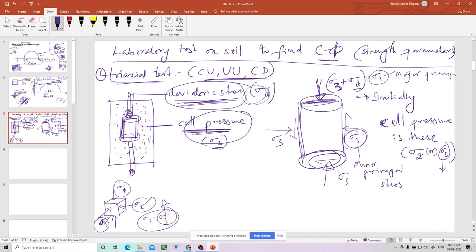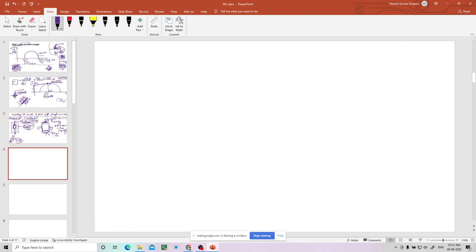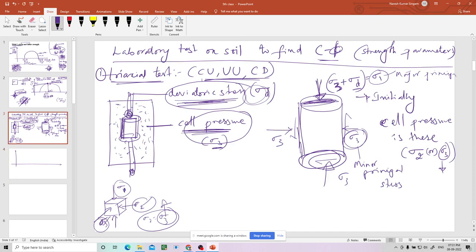Now going to the Mohr circle plane. You applied some cell pressure which is constant over the test, and you are continuously applying some sigma d.